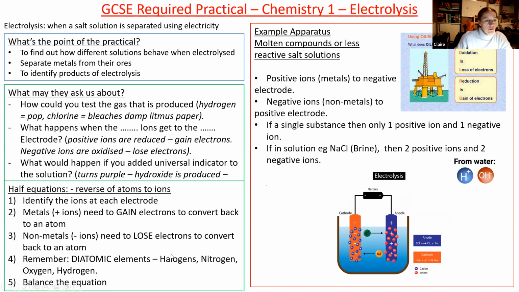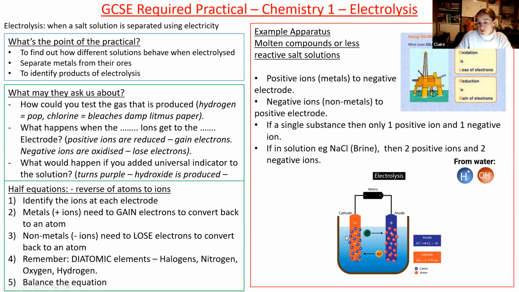Okay, so I'll highlight this one. I've summarized that here. This is the typical question: what happens when the positive ion gets to the negative electrode? All you've got to say is that they are reduced or oxidized.